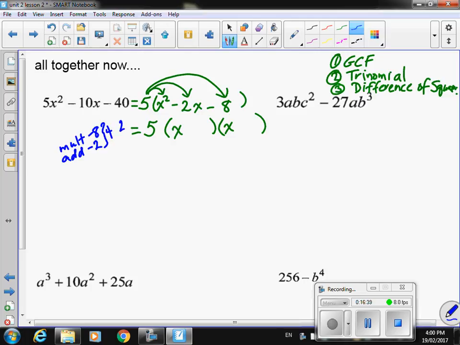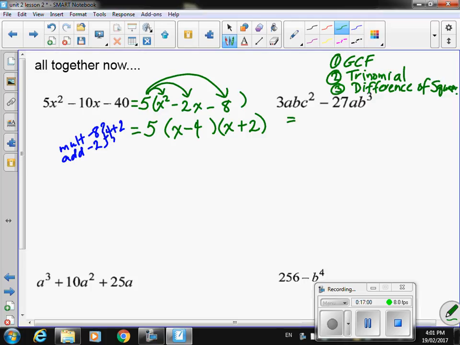If one of them is positive and one of them is negative, and I want to add to negative 2, my negative will be the bigger one, and positive. So x subtract 4, x add 2. And that is fully factored. For the second one, I'm just going to go underneath it.